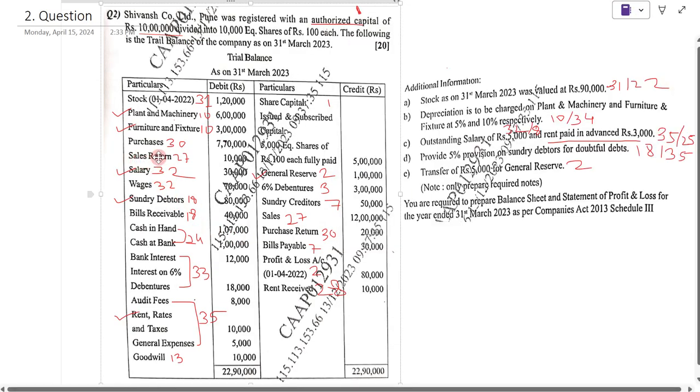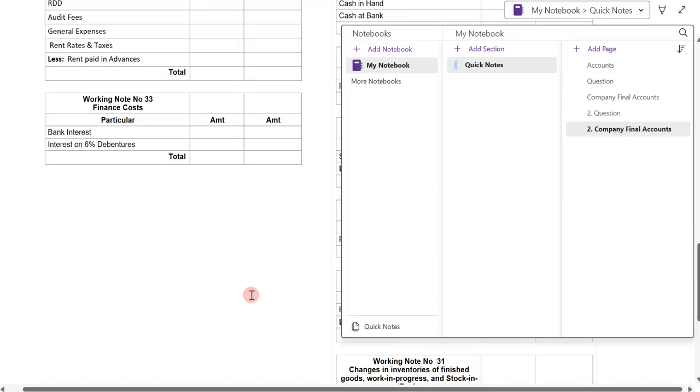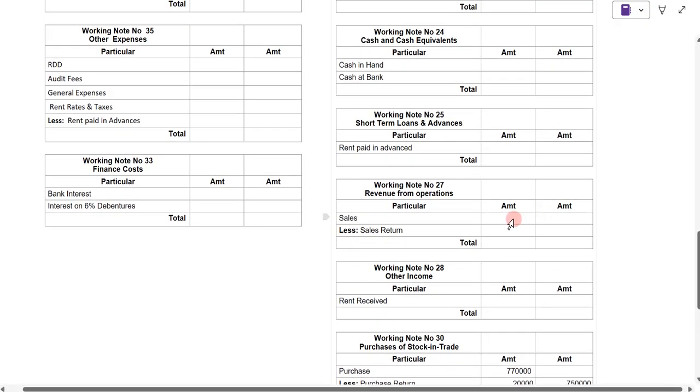After that, sales return is there, 10,000. Now sales is note number 27, that is revenue from operation. So total sales is 12 lakh rupees. From 12 lakh rupees we have to less 10,000. So note number 27, sales, revenue from operation.